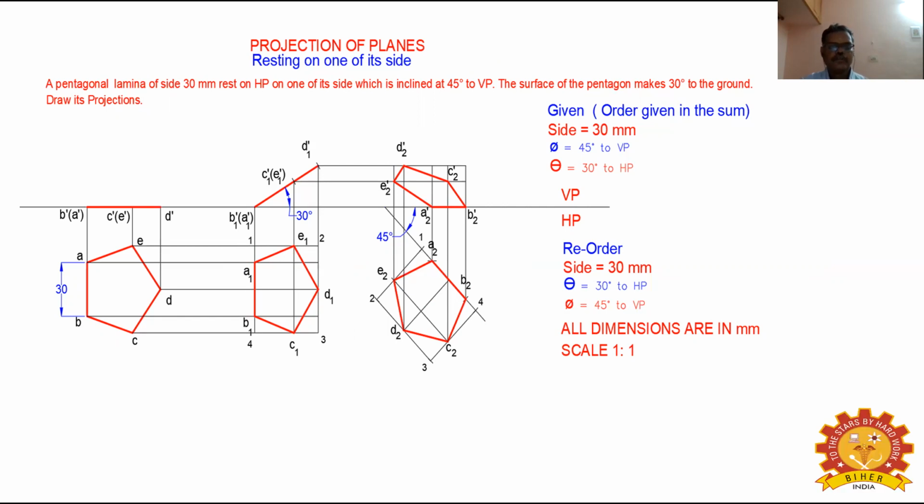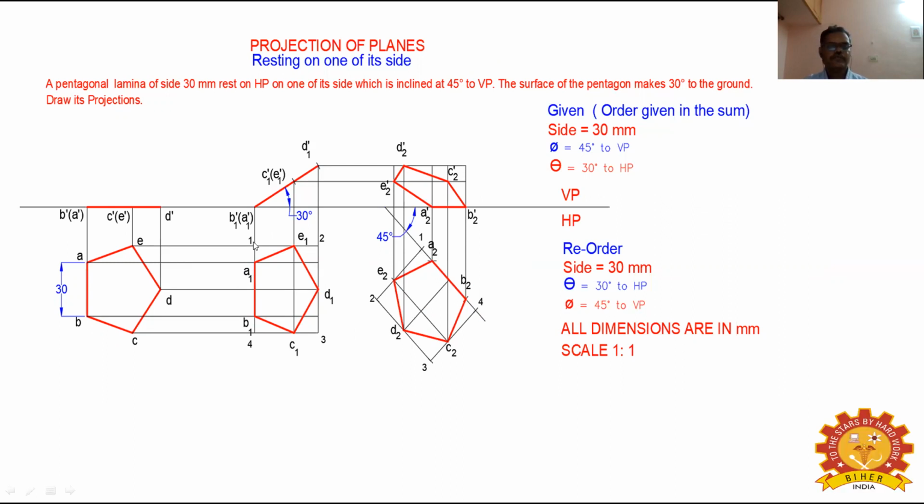Now I will transfer these points here. Since AB is the resting edge, 1 and 4 we have to transfer to the 45-degree line. First mark 1 and 4 on the 45-degree line at any point.